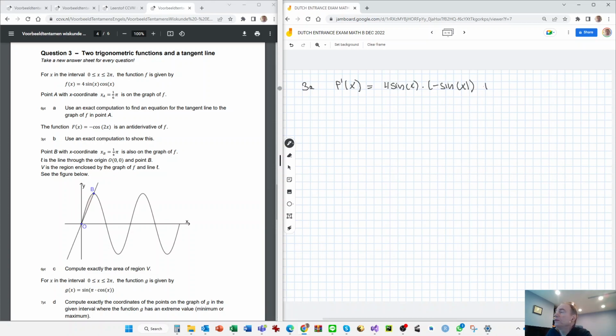And then plus 4 times the derivative of the sine, which is a cosine, times the cosine of x.